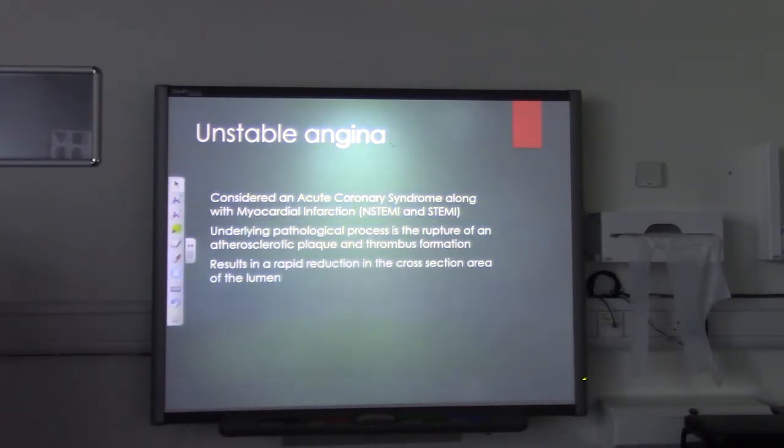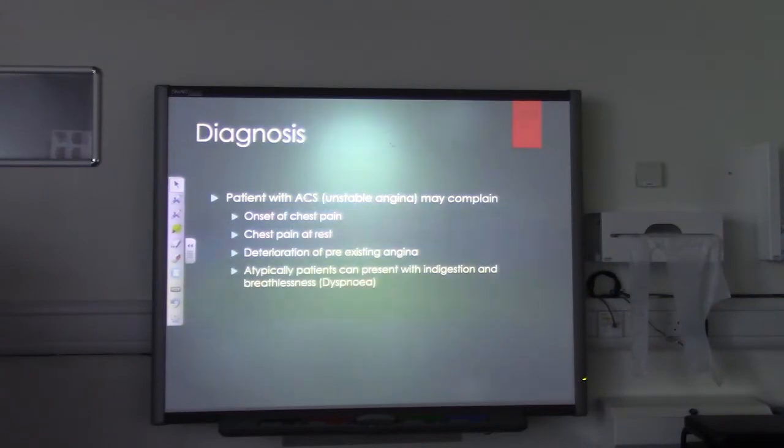So unstable angina is in some ways treated as a medical emergency and would require assessment in a coronary care unit. Diagnosis: patients with unstable angina may complain of onset of chest pain at rest, or deterioration of pre-existing angina.